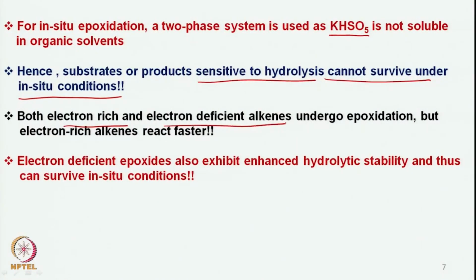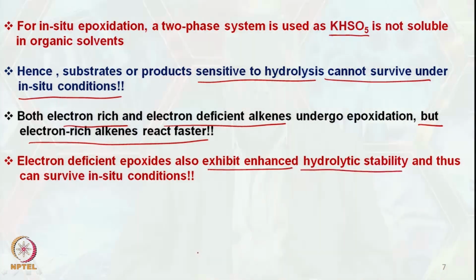Both electron rich and electron deficient alkenes undergo epoxidation, but as one can expect, electron rich alkenes would react faster. Electron deficient epoxides also exhibit enhanced hydrolytic stability. That means although the electron deficient alkenes would undergo epoxidation somewhat slower than electron rich alkenes, the epoxide formed with electron deficient substituents would not undergo easy hydrolysis.